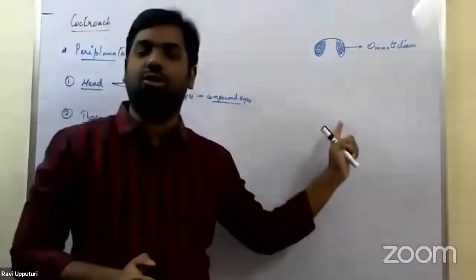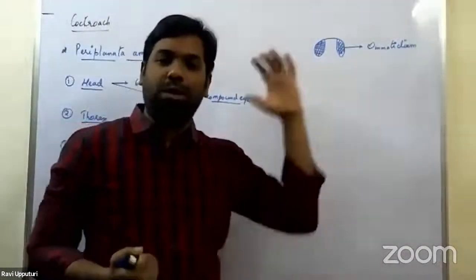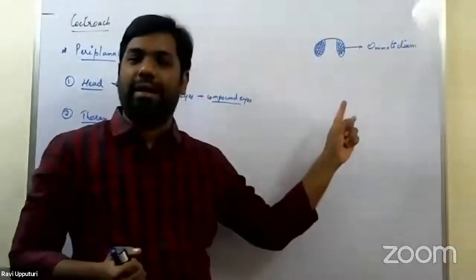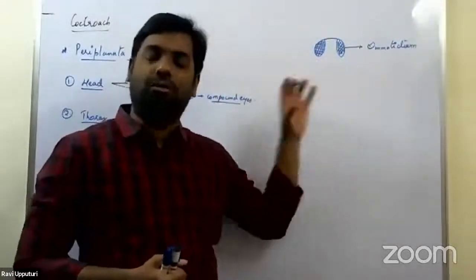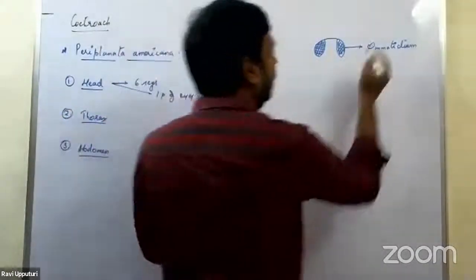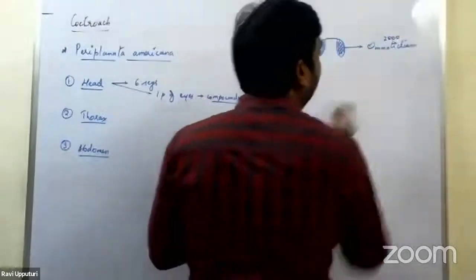Now, the characteristic feature is that each ommatidia will capture a part of the image. Scientists say each compound eye has approximately 2000 ommatidia.